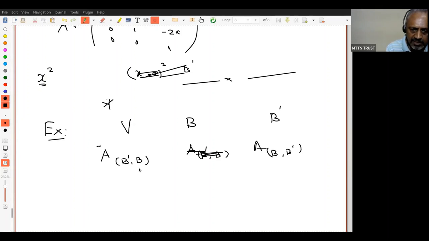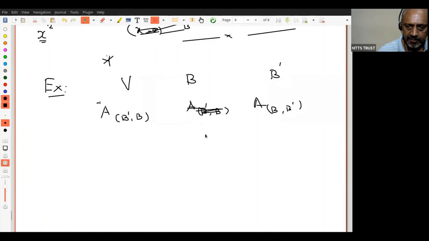Notice that what does it stand for? What is its jth column? The jth column is: write the jth vector in B dash as a linear combination of B. Here, what is the jth column of this matrix? The jth vector of B, namely Vj, I am writing as a linear combination of Wi's. Here I am writing Wj as a linear combination of Vi, and the coefficients form the jth column in each of the cases. Do you understand?